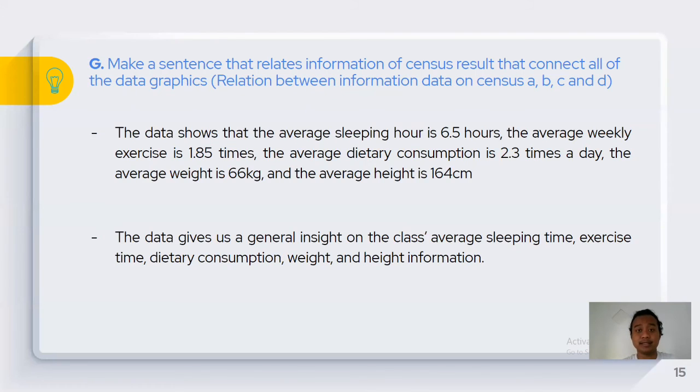The average weight is 66 kilograms, and the average height is 164 centimeters. So the data gives us a general insight on the class average sleeping time, exercise time, as well as dietary consumption, weight, and height information.